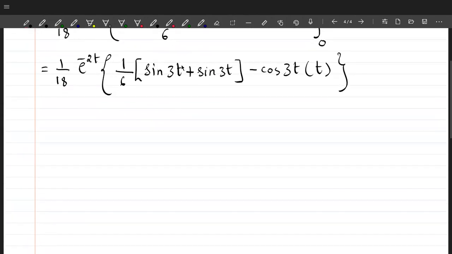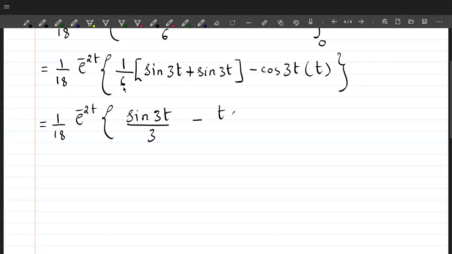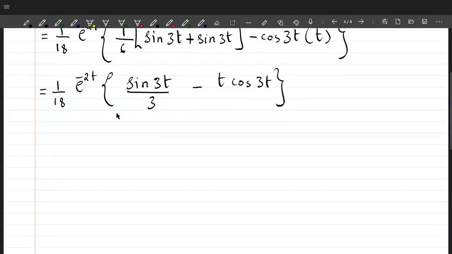Correct? So that's equal to 1 by 18 into e power minus 2t. Here what we get is sin 3t plus sin 3t is 2 sin 3t divided by 6. So that is equal to sin 3t divided by 3 minus t into cosine of 3t. So let's take the common denominator for the terms inside the parenthesis.